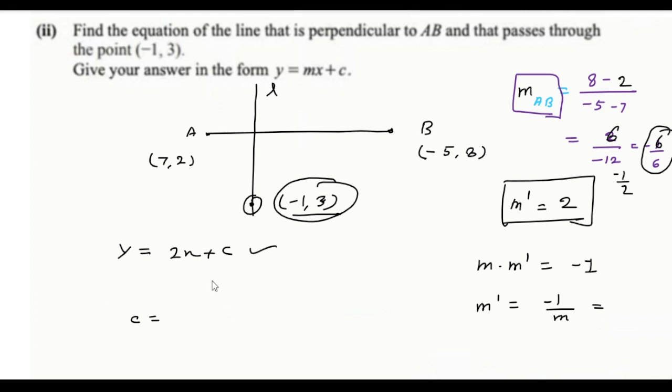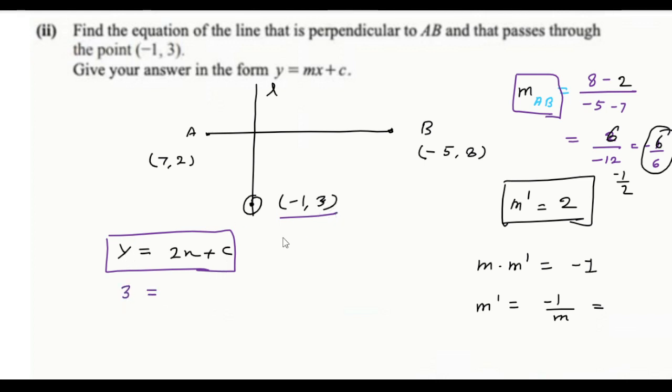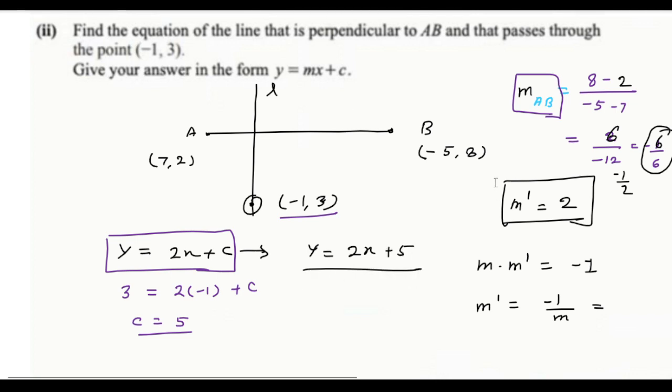Now in this equation I have only c, so I get the value of c, which is 5. Therefore I will write my equation once again, and I get y equals 2x plus 5. y equals 2x plus 5 is my equation of the line.